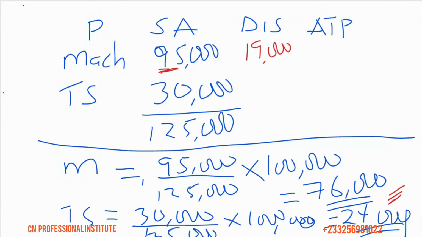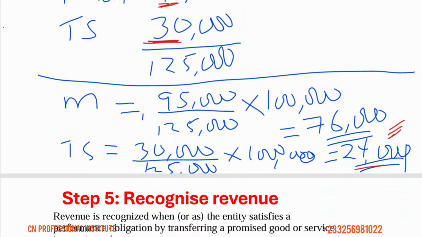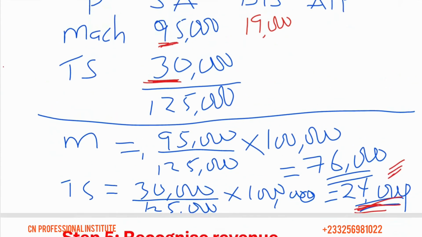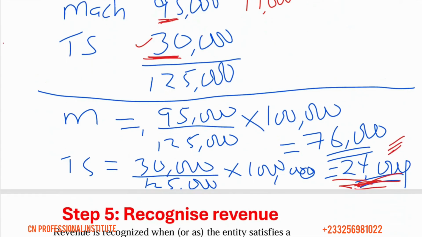So we can equally look for a discount. For technical support, the standalone selling price is 30,000, but after allocating, we got 24,000. The difference between the 30,000 and the 24,000 allocated is the discount, which is 6,000.